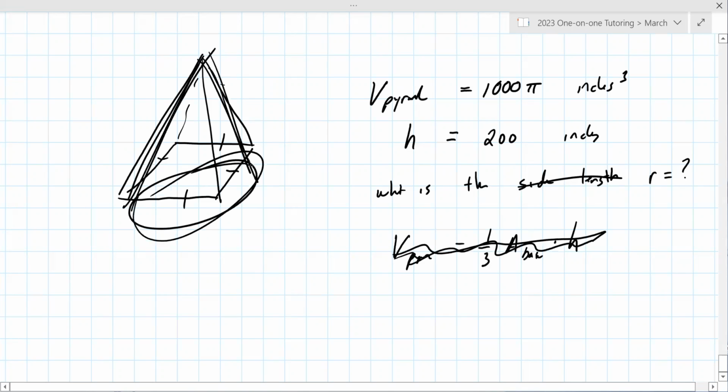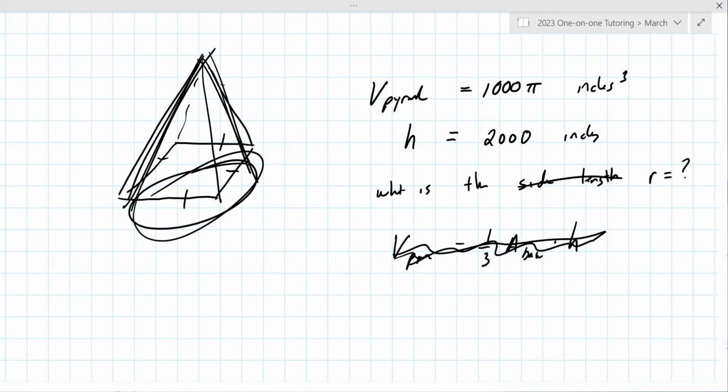So 1,000 equals... And let me change the height to 2,000. Equals pi or 1/3. So it'd be 3,000 equals pi r squared h. Pi r squared times 2,000.